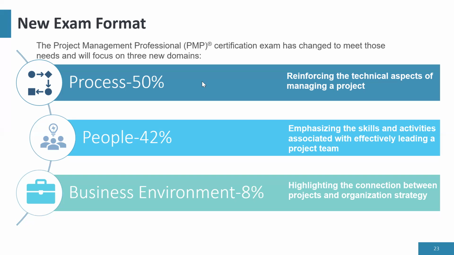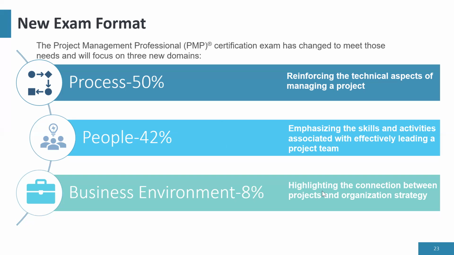42% of the exam is going to be based on how you deal and manage your team and stakeholders, right? And of course, in waterfall, the way you manage your team and stakeholders is different from the way you manage your team and stakeholders in agile. And then the business environment, and this is the business side of projects.